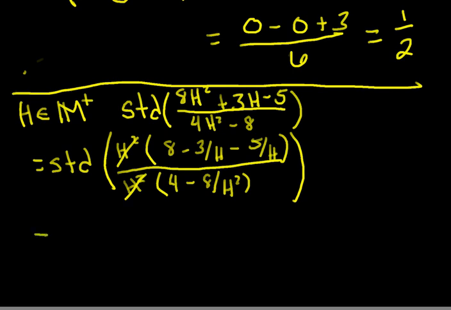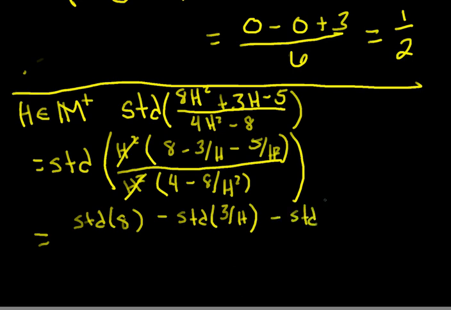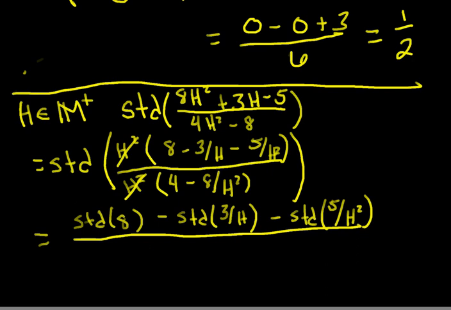So this is equal to the standard part of 8 minus the standard part of 3 over h, which is an infinitesimal, minus the standard part of 5 over h squared, all divided by the standard part of 4 minus the standard part of 8 over h squared.